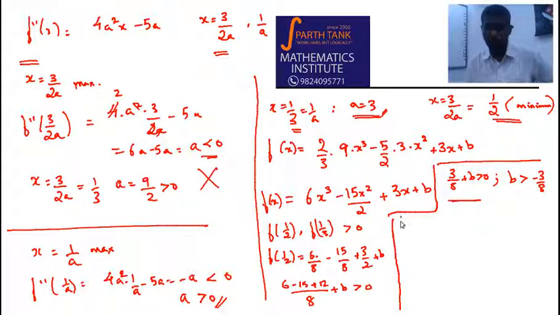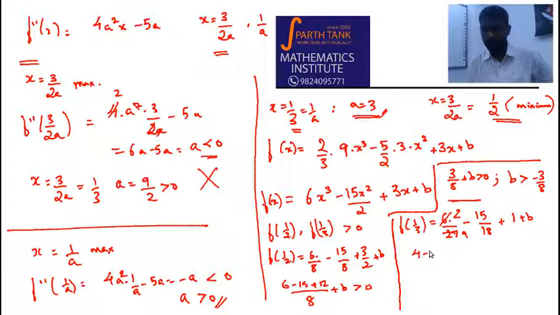Now f of 1 by 3 is going to be how much? f of 1 by 3, substitute here, it is 6 into 1 by 27 minus 15 by 18 plus 3 into 1 by 3, plus b. Now this is 2 times, this is 9 times. LCM is 18.